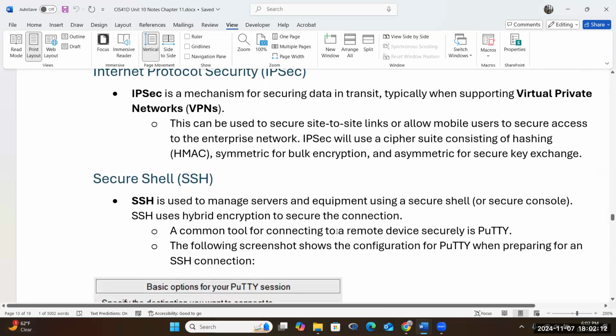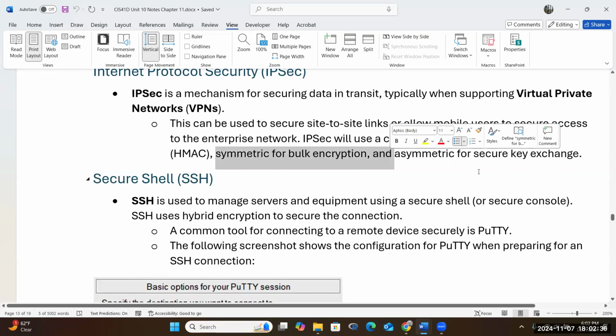So if you're using IPsec for VPNs, right? It does the HMAC, so the MAC hashing. It does symmetric bulk encryption, and it also integrates asymmetric secure key exchange. So even though it encrypts with symmetric, right?